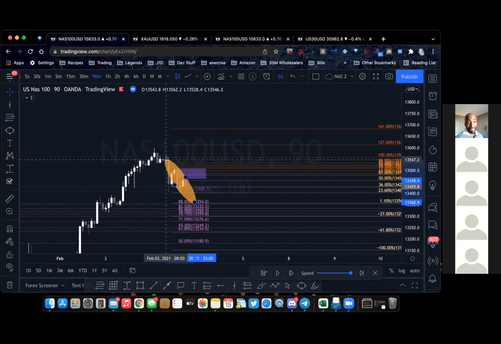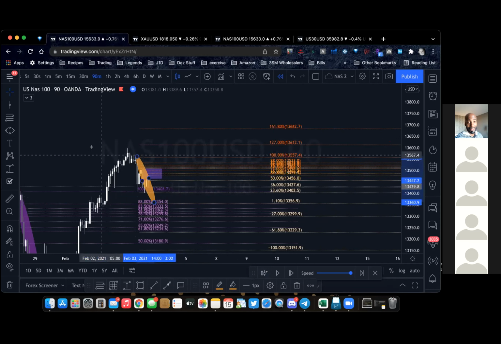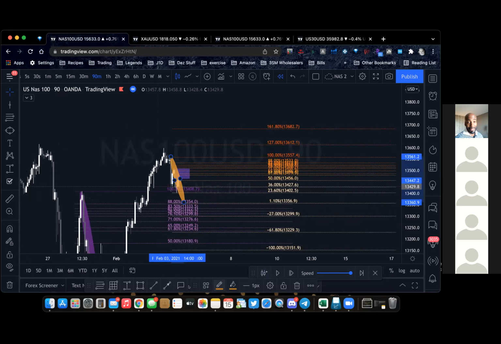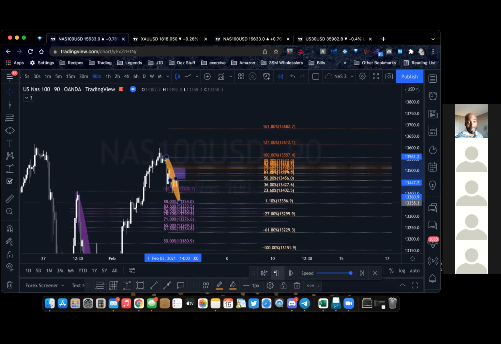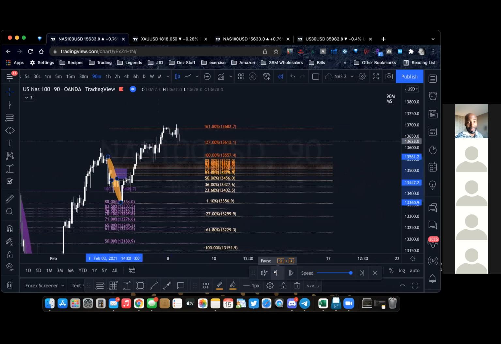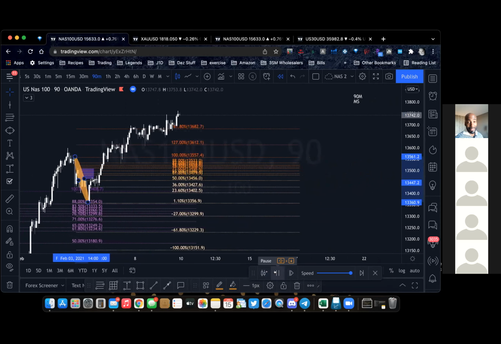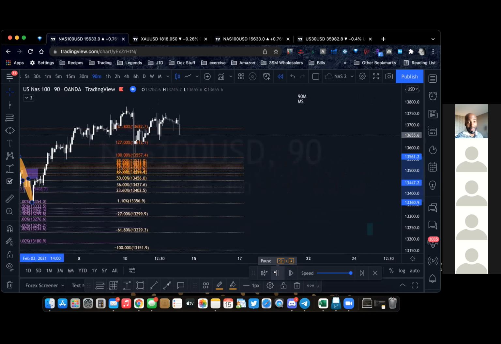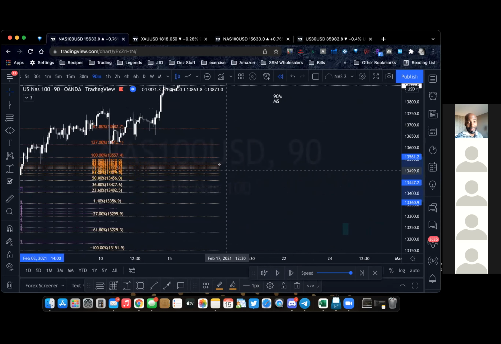Okay. Let's see how it finishes playing out. Where is this going? So it was an up move, which is fine.